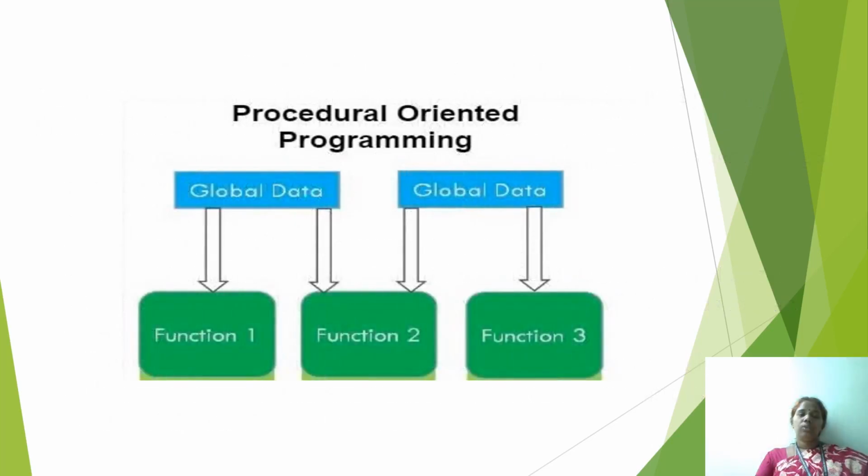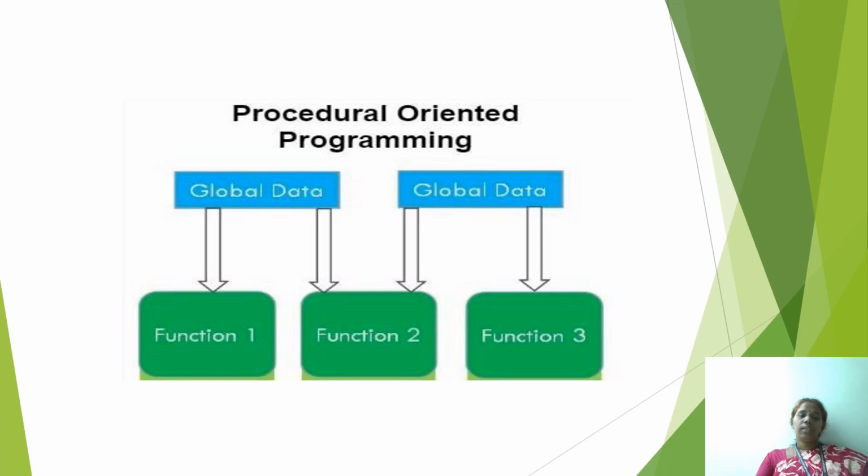Now we are going to see about the procedure-oriented programming structure. Already we discussed what is procedure-oriented programming. So this is the diagram of procedure-oriented programming. You observe the diagram. We have declared two global data and three functions here. So assume that we have declared the data as global.